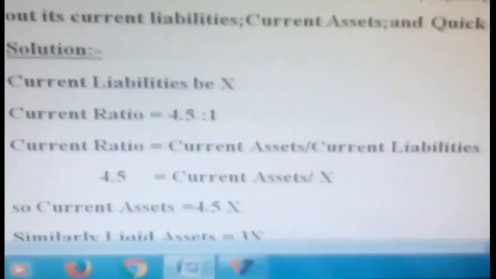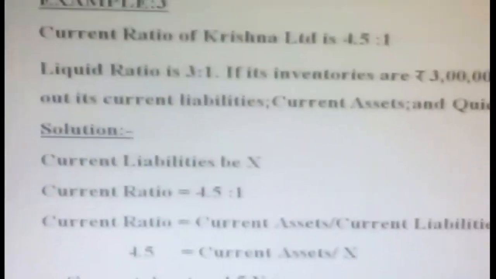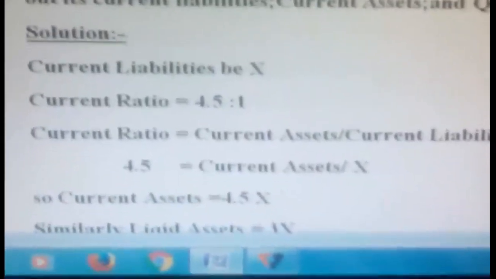Now current liabilities we don't know, so I consider it as X. They given current ratio from the problem, 4.5:1. Now you can substitute. So current ratio, you know already the formula: current assets divided by current liabilities.